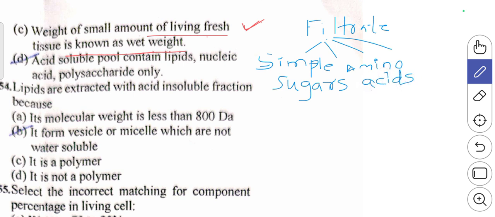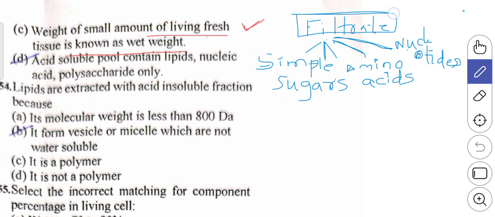Then we also come across the nucleotides, and these are the three different things we come across in an acid soluble pool, that is a filtrate which we obtained after the filtration.